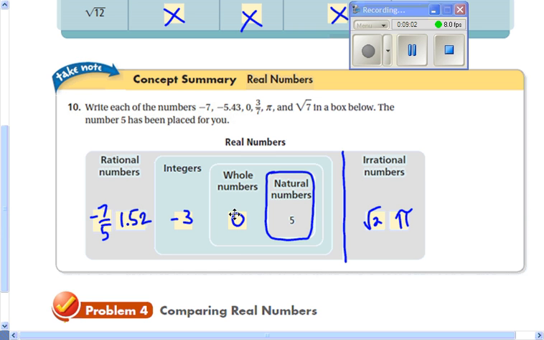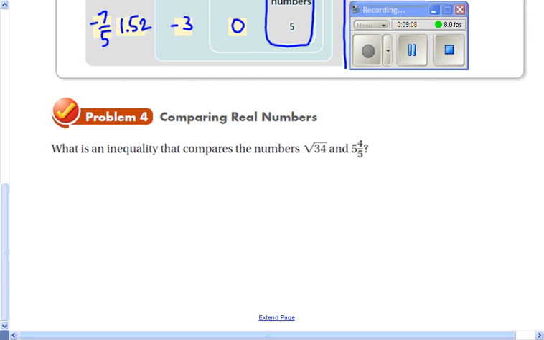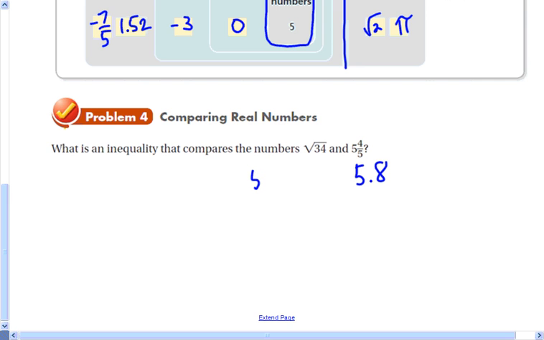All right, so what is an inequality that compares the numbers square root of 34 and 5 4/5? Well, if we turn 5 4/5 into a decimal, we get 5.8. And if we take the square root of 34 and change that to a decimal, we get 5.83095, and that keeps going on forever and ever.